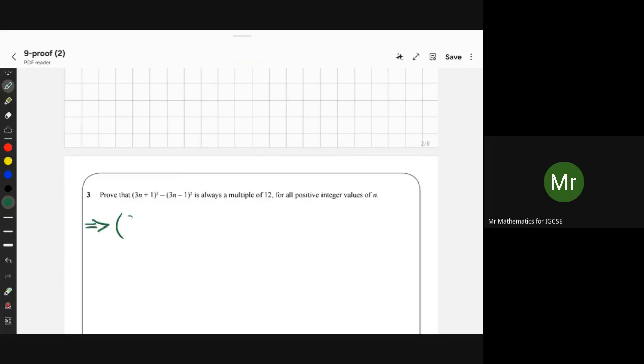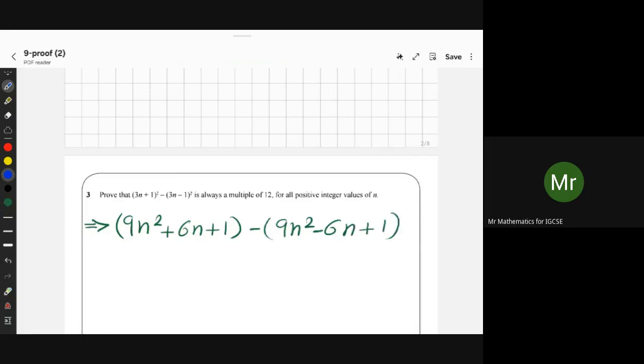Expand the first bracket, it would be 9n squared plus 6n plus 1, minus 9n squared minus 6n and also plus 1.